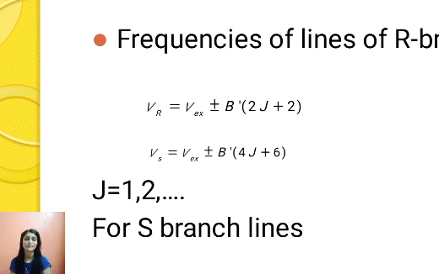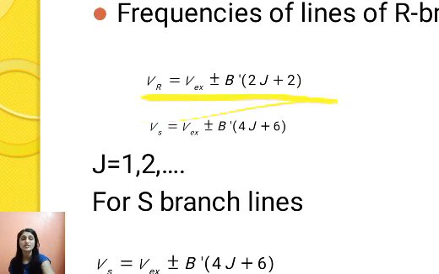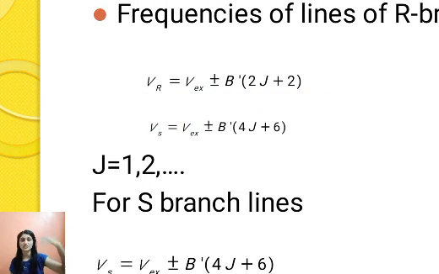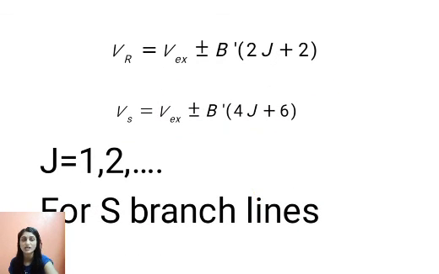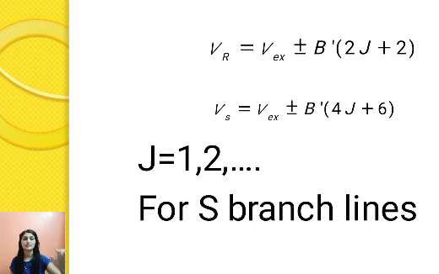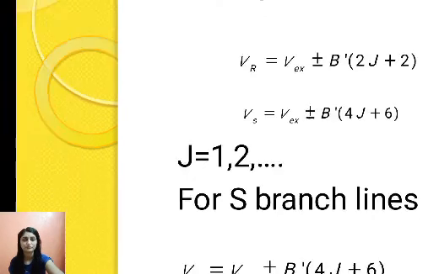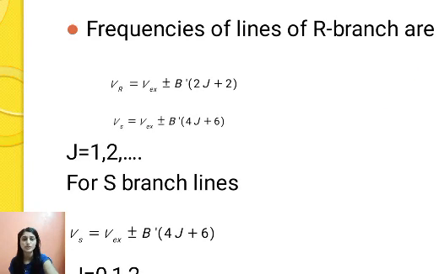We had already found this expression earlier. In the case of linear molecules we have already calculated this, and nu S equals nu excitation plus minus B dash 4J plus 6. The first equation corresponds to transition from EJ to EJ plus 1 or EJ plus 1 to EJ, and the second corresponds to transition from EJ to EJ plus 2 or EJ plus 2 to EJ. We have already solved this kind of equations earlier, that is why I haven't given the derivation again. Here the value of J is 1, 2 and so on.